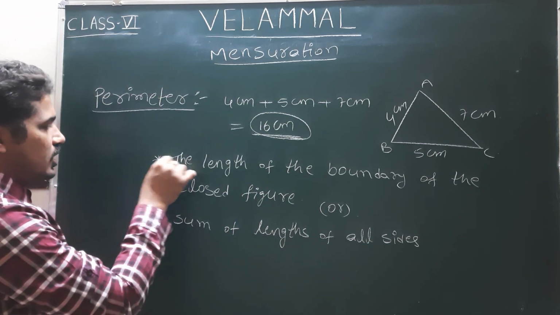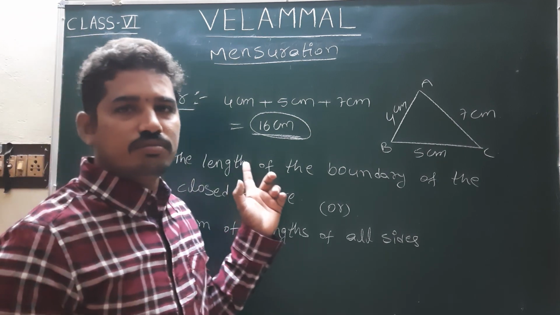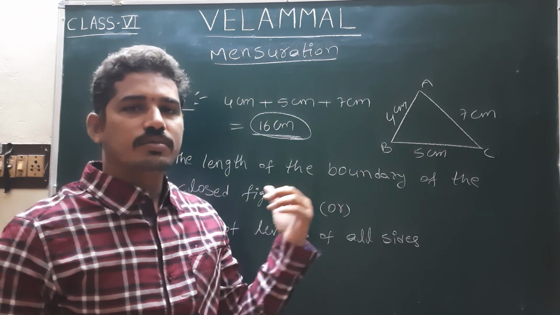One is: the length of the boundary of a closed figure is called the perimeter.